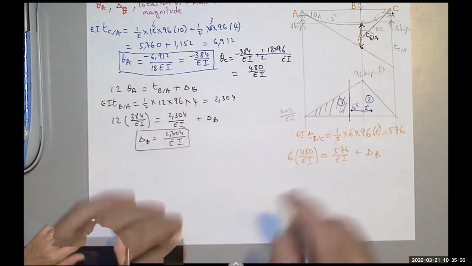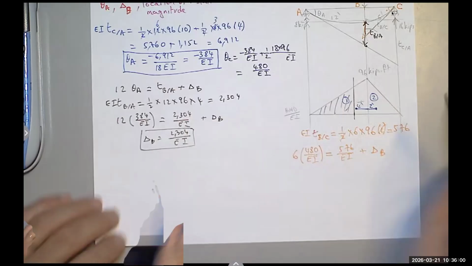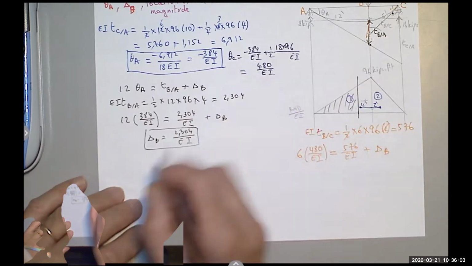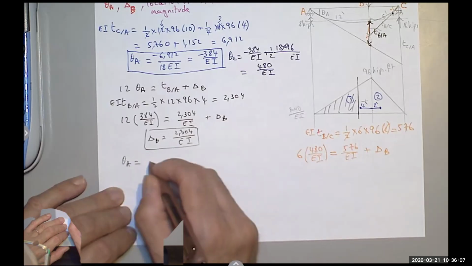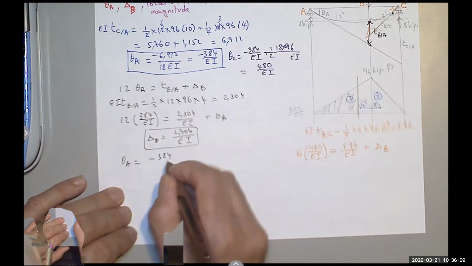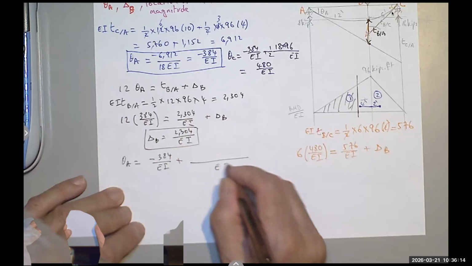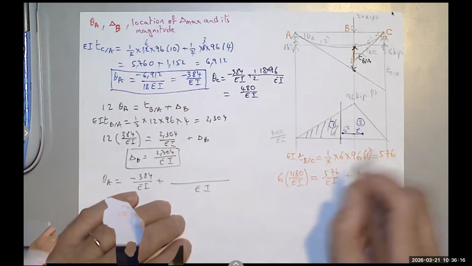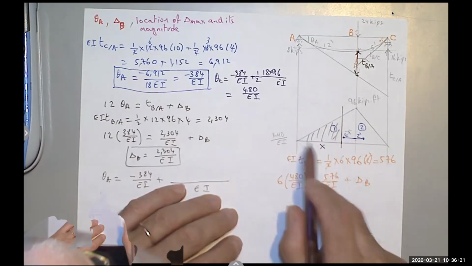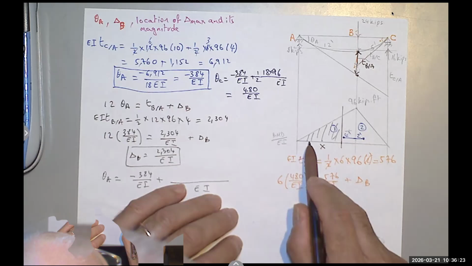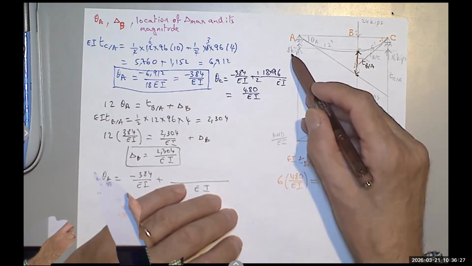Let's say now that this area, first of all, the slope at A, so theta sub A equals negative 384 over EI plus over EI. What is this area? If I call this X, do you see that every time I move 1 unit, I go up 8 units because that reaction is 8 kip.